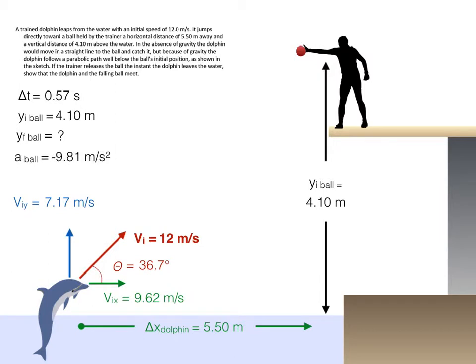The acceleration of the ball, I think we all know, is negative 9.81 meters per second squared, because it's being accelerated downwards by gravity. And since it's being dropped from rest, we can also say that the initial velocity of the ball is 0 meters per second. So we have all these values for the ball. We want to find out where the ball is going to be after that amount of time.